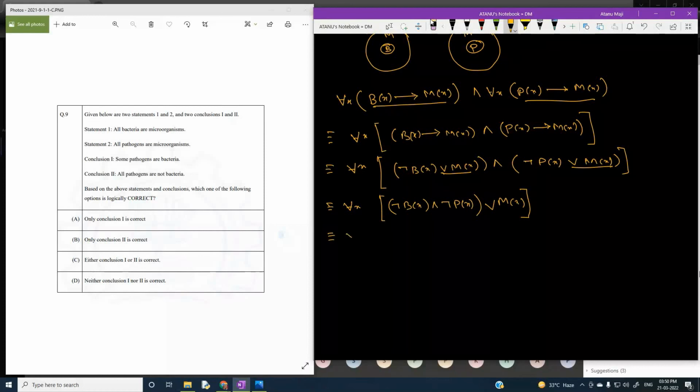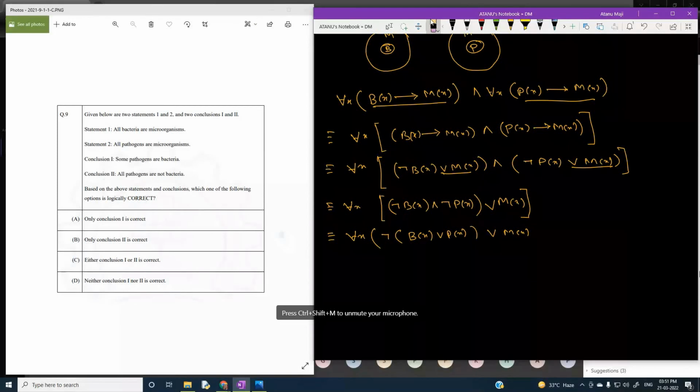After that what I can do, I can take negation out from these two. तो negation अगर बाहर लाएंगे, you know, based on the De Morgan's law, this conjunction will be converted to disjunction. So I can write bx disjunction of px, and there should be disjunction of mx, right? So basically we are getting the form where we have got this one, negation of this, disjunction this.